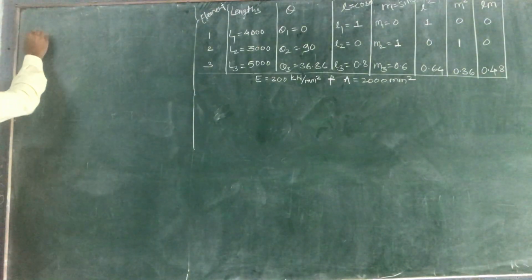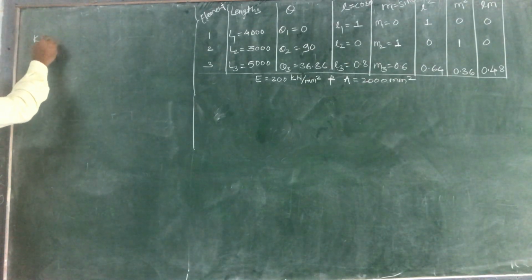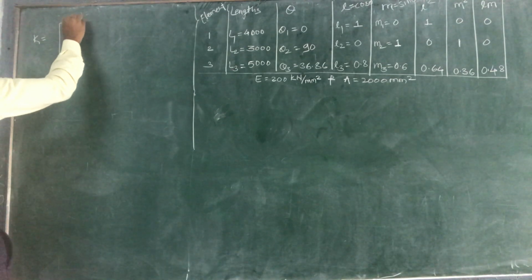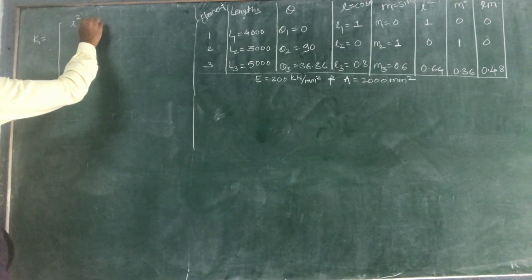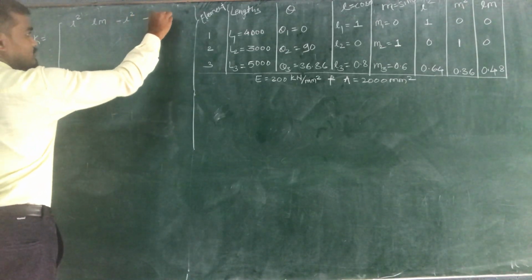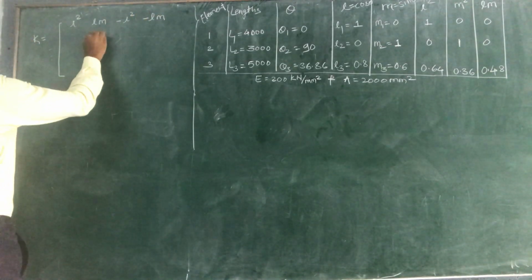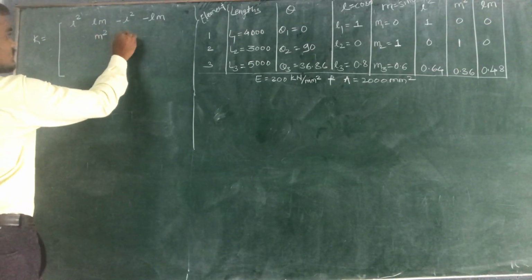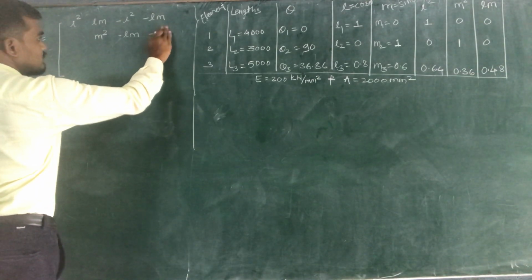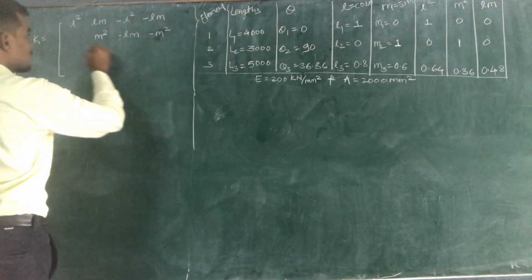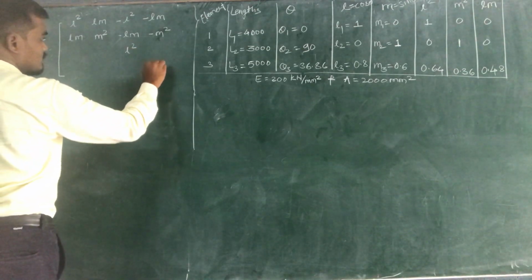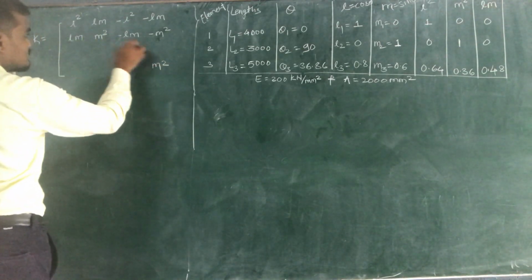The matrix is given by: l square, lm, minus l square, minus lm; lm, m square, minus lm, minus m square; and so on, with l square, m square, lm, minus lm.